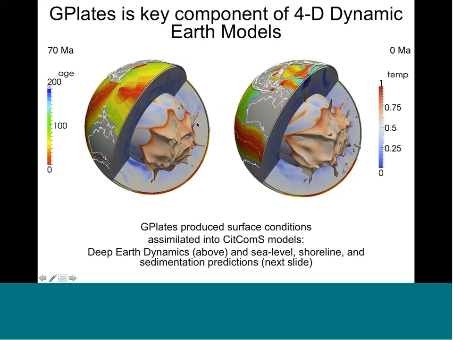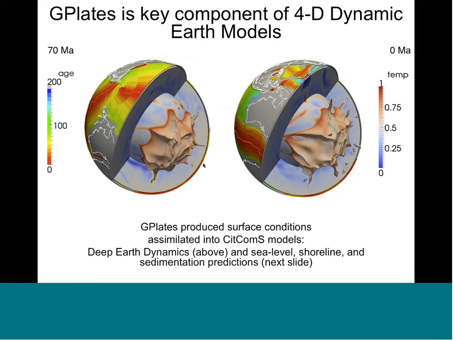In some sense, you could imagine what we're attempting to do with these 4D dynamic Earth models is provide the framework and the context that GCM models or general circulation models have within the atmospheric sciences. Within the earth sciences, we don't have such a coherent, uniform way of doing that, especially on a global scale. And in some sense, that's what these 4D dynamic Earth models are.